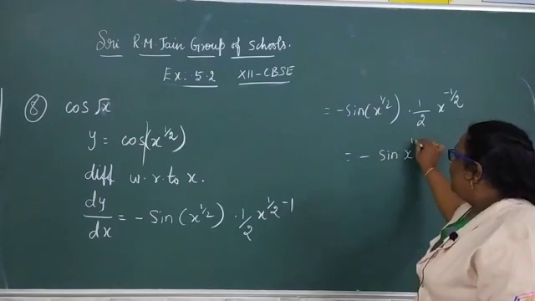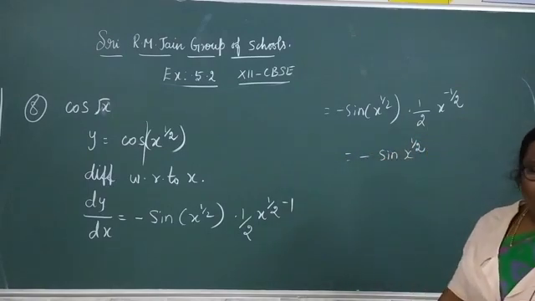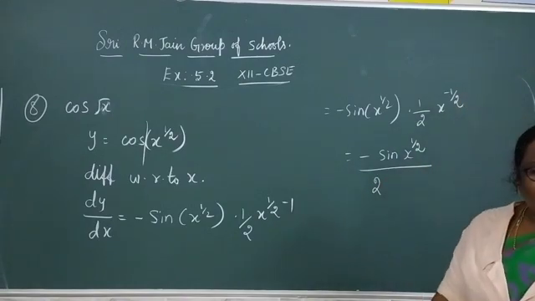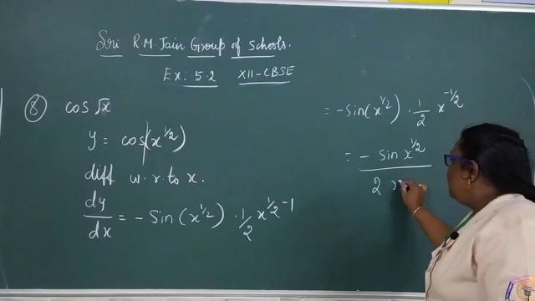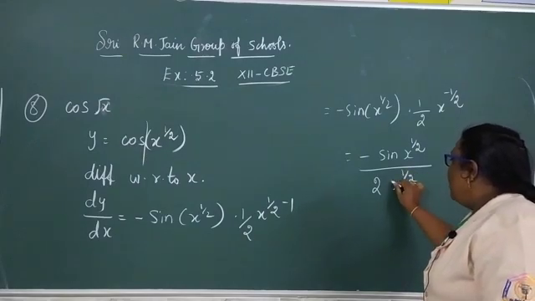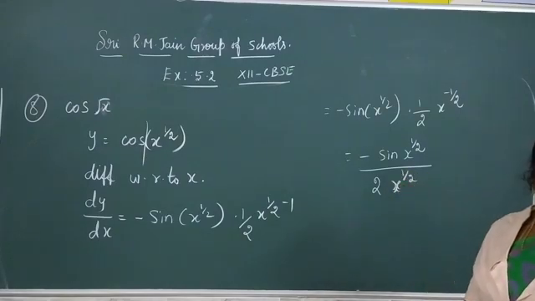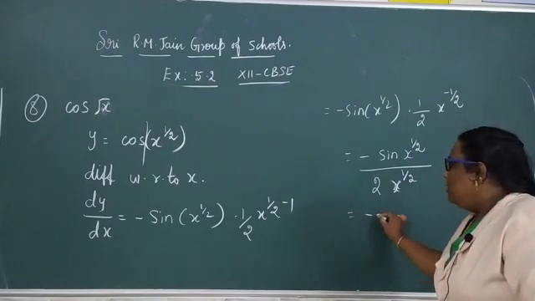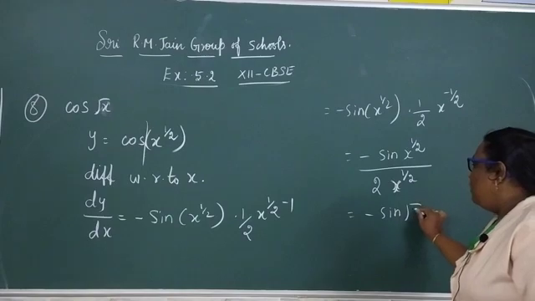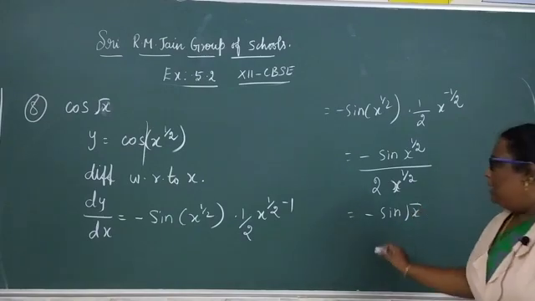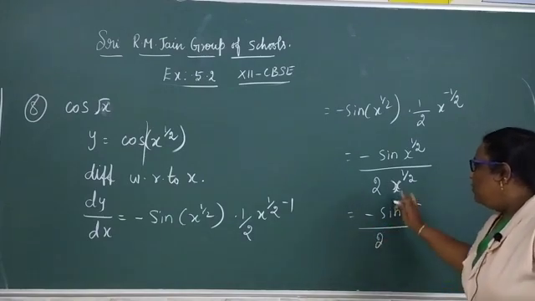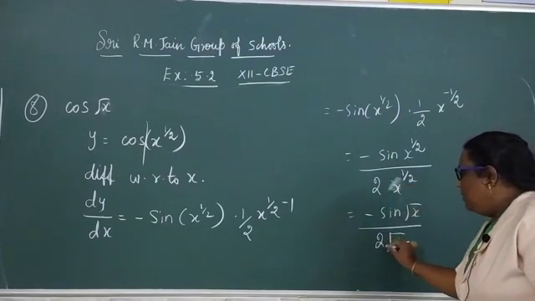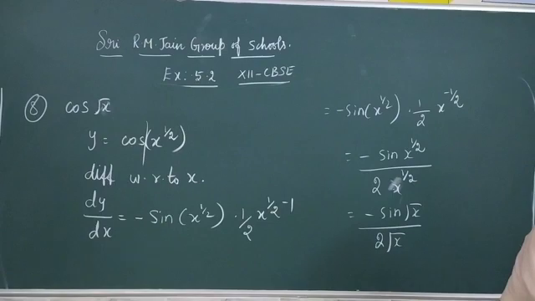Minus sin of x to the power 1 by 2, by 2. The power is negative, so I can bring it down to 2x power 1 by 2. You can replace x power 1 by 2 with root x. So the answer is minus sin of root x by 2 root x.